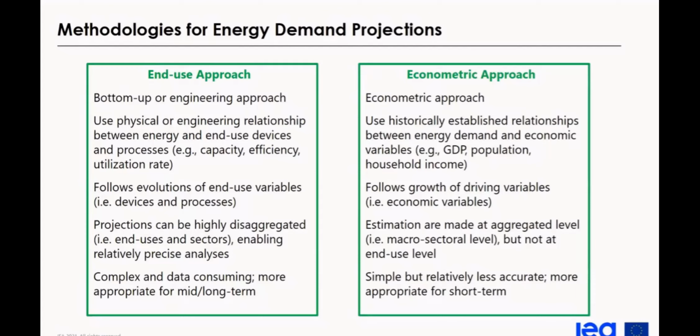Let's take an example. If we want to estimate what will be the demand for electricity in the residential sector in 10 years, we could disaggregate the residential sector, look at each and every need a household would have. For example, there is a need for lighting, for cooking, for powering some appliances.